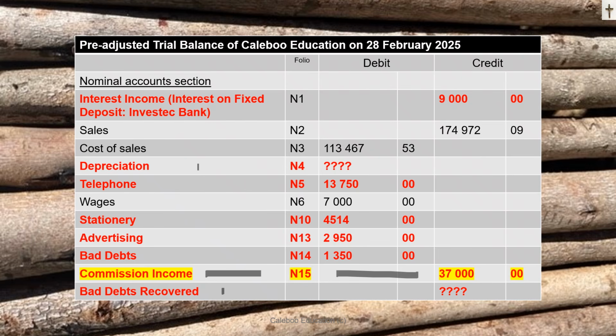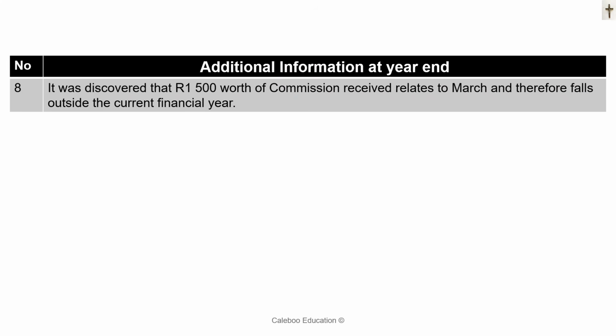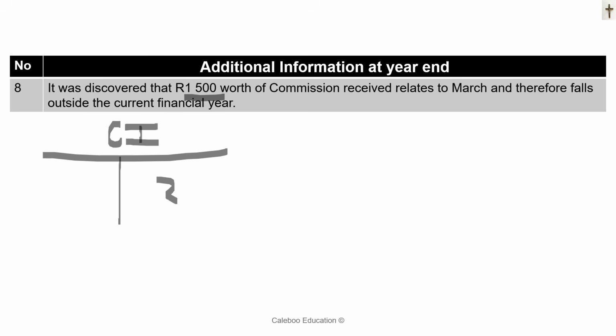So there is commission that relates to a future period. At the moment there's 37,000 in the commission income account, but that's not accurate. You need to take the adjustment into account. So it was discovered that 1,500 relates to March. So we've got here commission income, and it had a balance of 37,000.